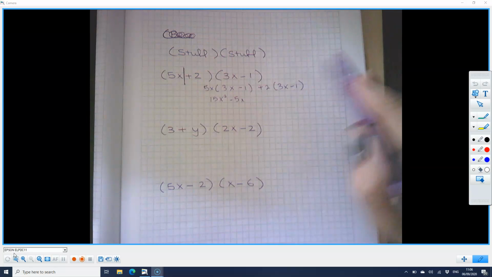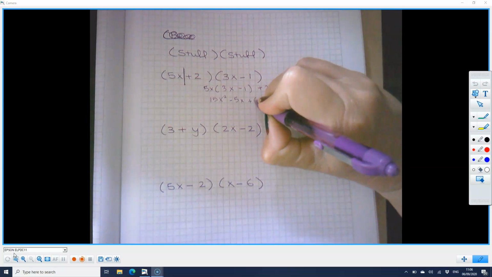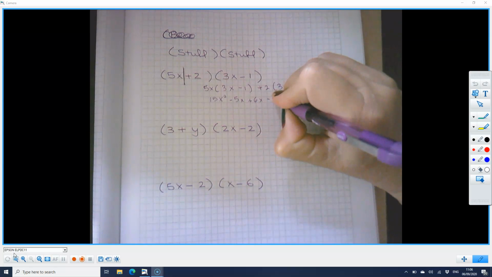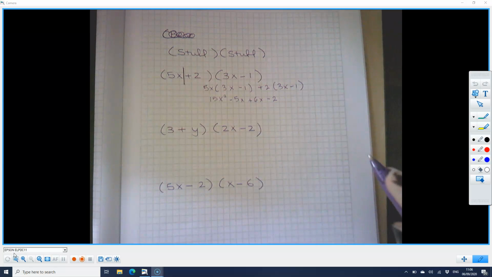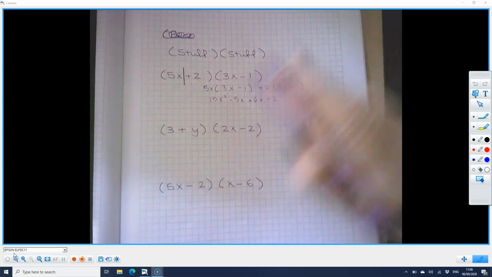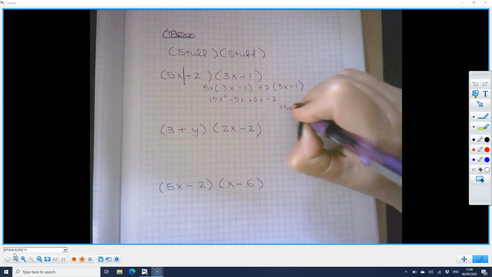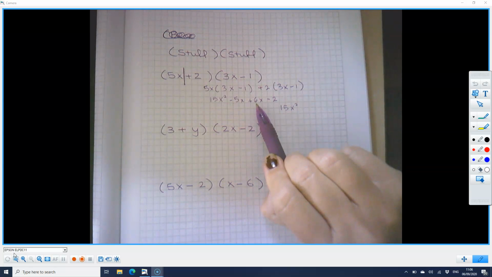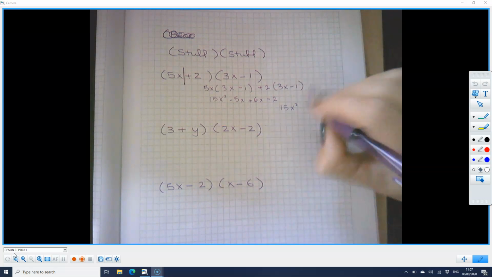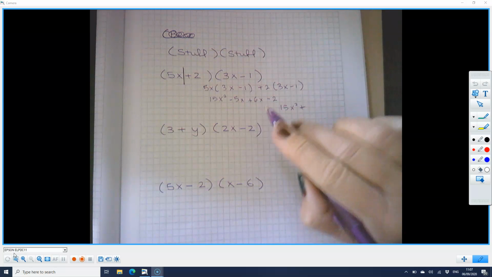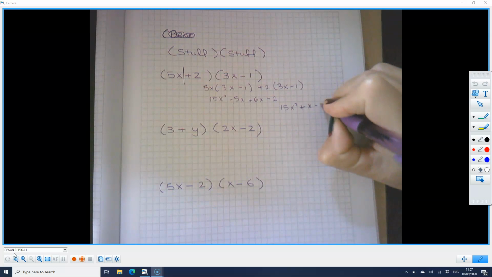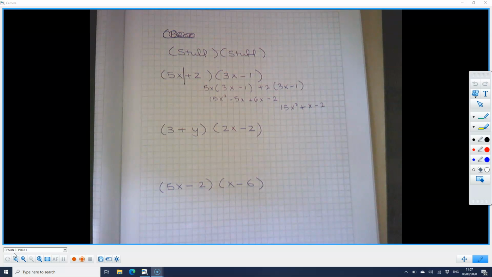So we go plus 2 times 3x, which gives me 6x, and plus 2 times minus 1 will give me minus 2, and then you tidy it up. So we have 15x squared, we have a minus 5x and a plus 6x, so signs are different. Keep the sign of the bigger one, so I'm keeping the plus sign, and subtract. So 6x take away 5x will just give me 1x, and my minus 2 stays the same.